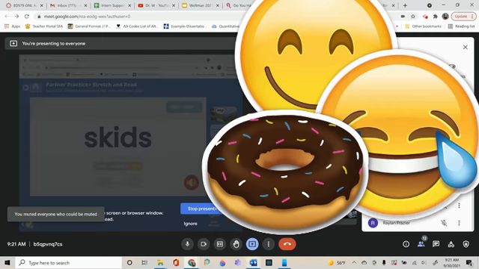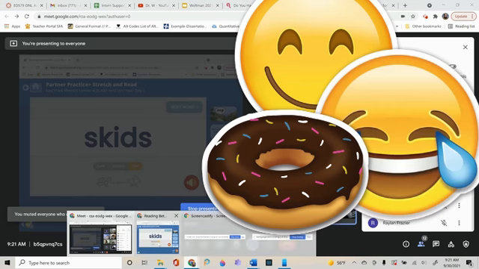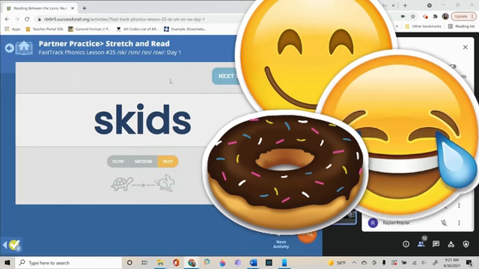That word, it's not kids. It has kids in it, but it has an S in the beginning. We're going to talk about these words today. When you see an S and a K together like this, it sounds like ska. So this is skids. Like he was running so fast he had to skid to a stop.